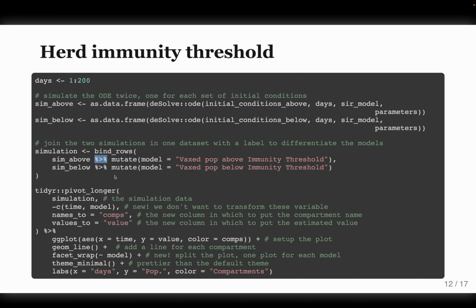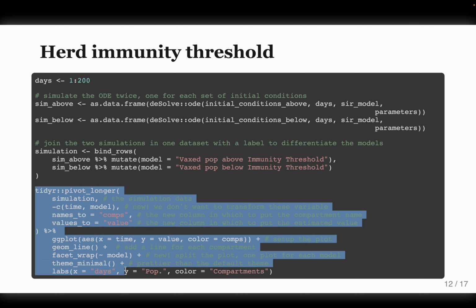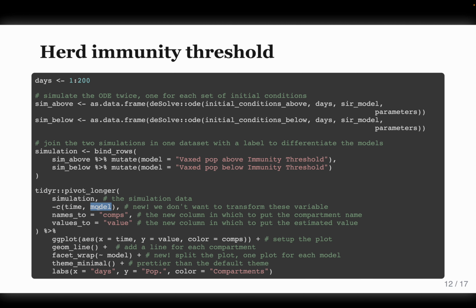Then we need again to plot our results. We cannot use the previous function because we need to modify it a bit in order to take into account that we have two simulations in the same plot. This code is the same as before, apart from two lines. This one, in which apart from removing time from the transformation, we also remove the model variable because we want to keep it separated.